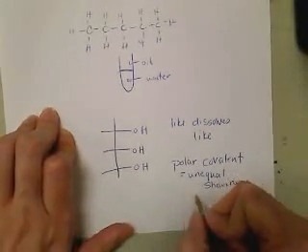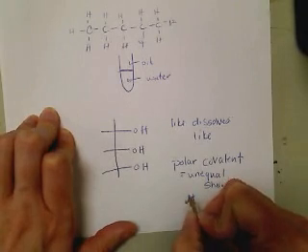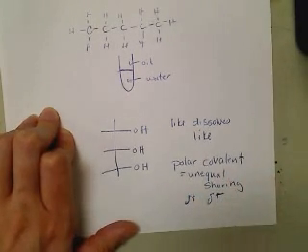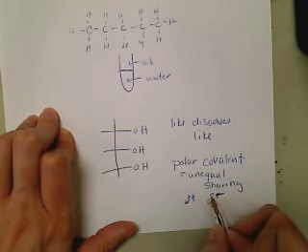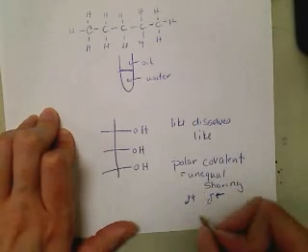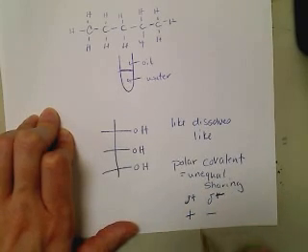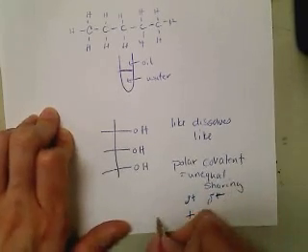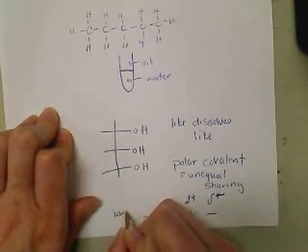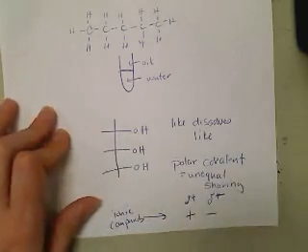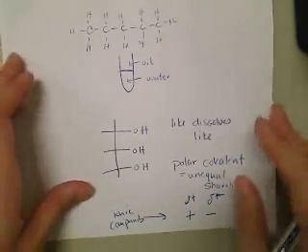So water is going to have the partial positive and the partial negative, right? Anything that's got a partial positive and a partial negative will be soluble in water. Anything that has a full positive and a full negative will also be soluble in water. So this also means that most of your ionic compounds will dissolve in water. Okay?